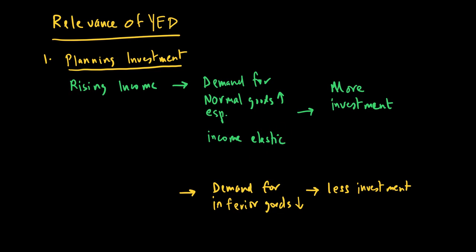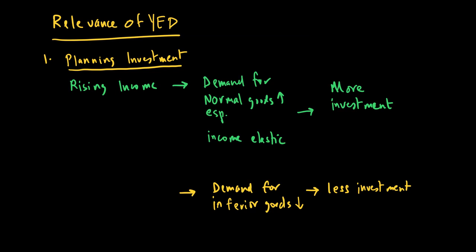So if I'm a producer who's making luxury cars, I may want to invest more, because now the demand is strong, incomes are rising. It's not only normal goods, but it's an income elastic normal good. But if I'm similarly making an income inelastic normal good, my need for investment may not be that much. Lastly, the demand for inferior goods will also go down in rising income times.